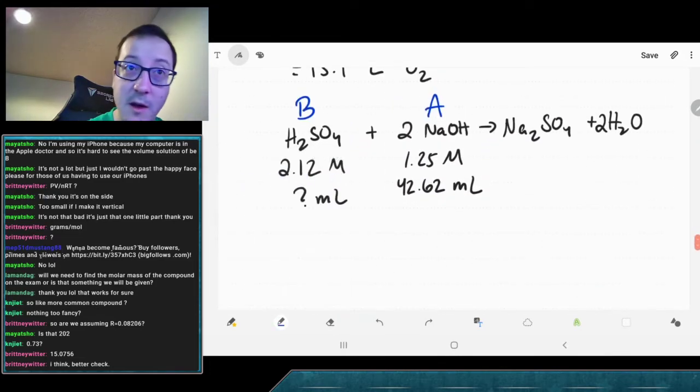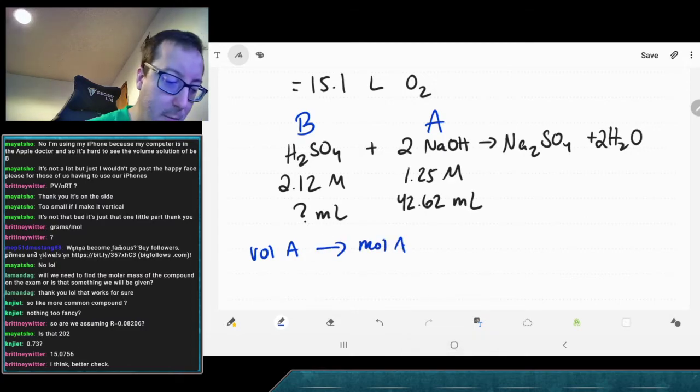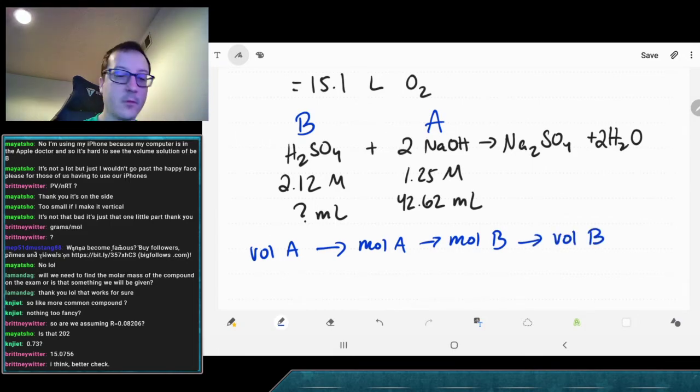So let me just go ahead and write out what we just said. So we are starting with volume of A. We are going to moles of A. We are then going to moles of B. And then to volume of B. What am I saying A's and B?